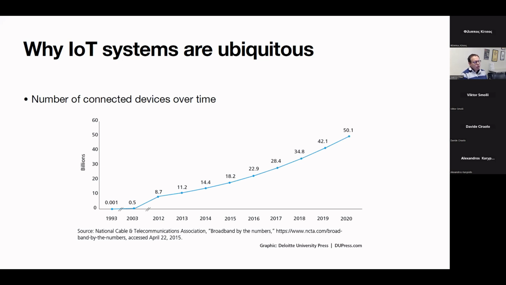And as a consequence of all this, we see that the number of connected devices in the internet has been increased over time. By 2020, it was estimated to be about 50 billion devices connected to the internet.